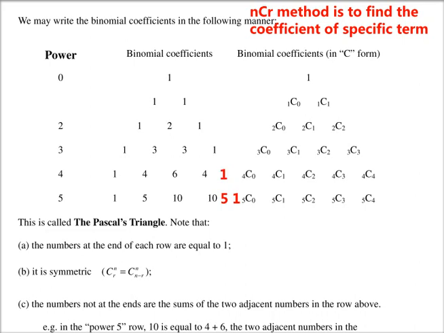If I would like you to find a specific term for something like this one, 10, in fact, 10 is equal to 5C2. That means you can find the specific term immediately with this method. This is what we call NCR method.